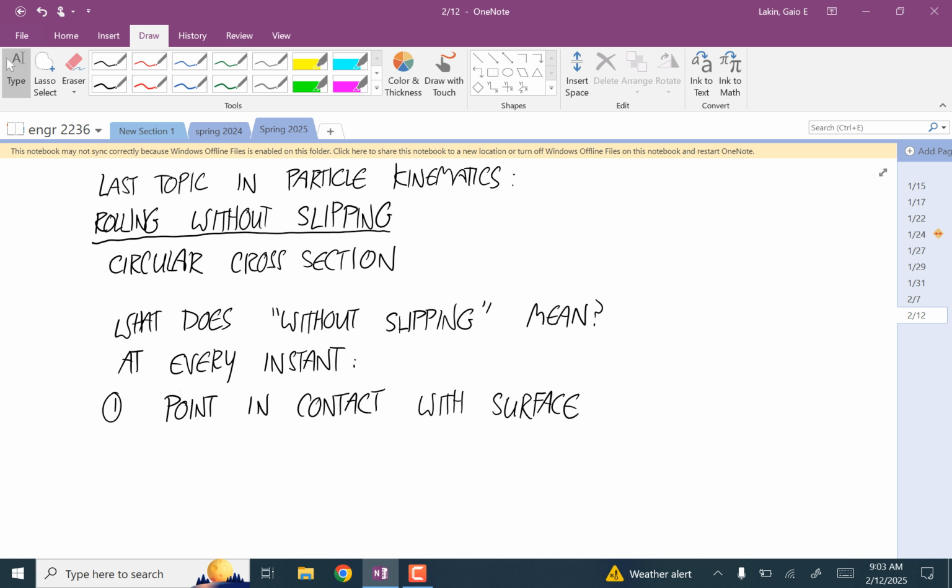So the point that's in contact with the surface has zero velocity parallel to the surface.